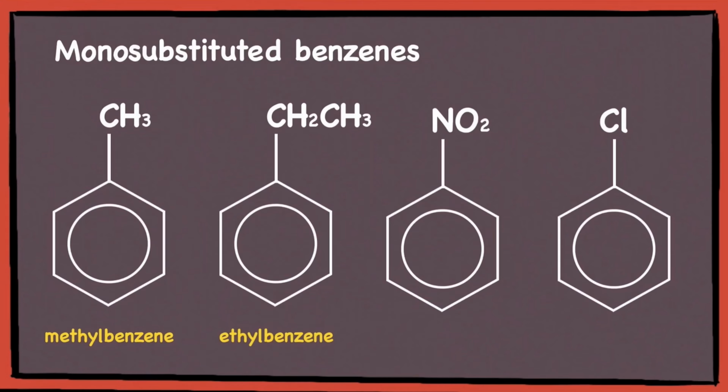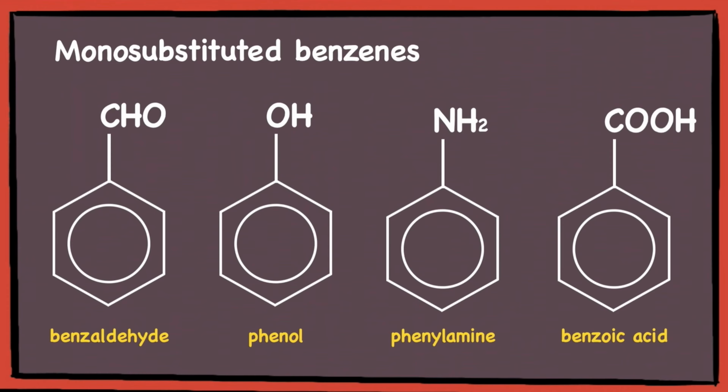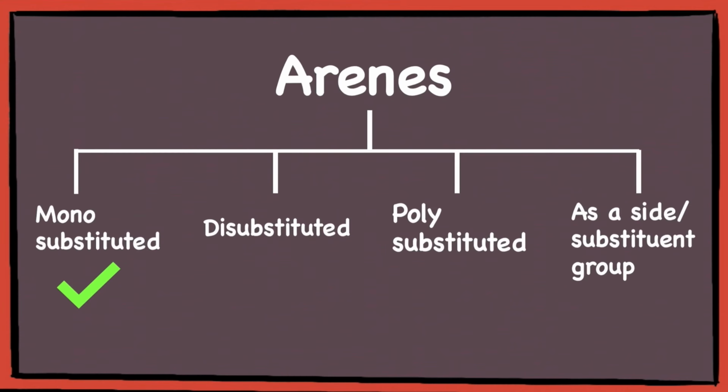Similarly, if the substituents are nitro and chlorine, the compounds are called nitrobenzene and chlorobenzene respectively. However, there are other monosubstituted benzenes that have special names assigned to them and don't follow the benzene suffix because, well, they are that special. Examples include benzaldehyde, phenol, phenylamine, and benzoic acid.